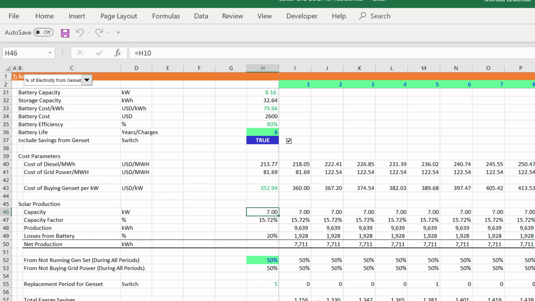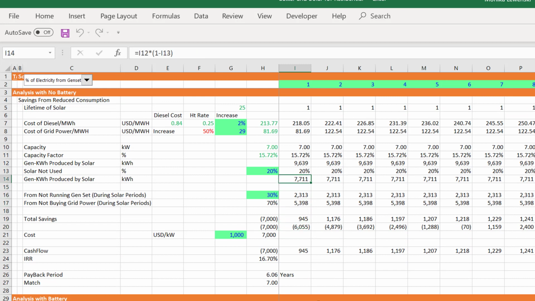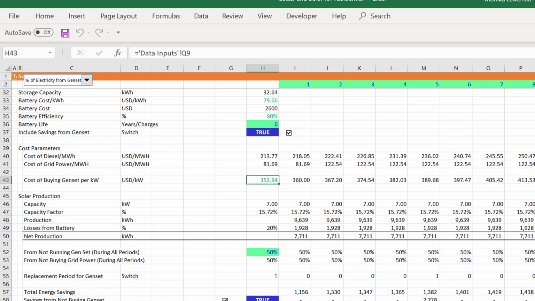so we still have the same solar production capacity, but this time notice we don't have any losses from not being able to use the solar. But if we use the solar all to power our battery, the amount we're left over depends on this efficiency of the battery.